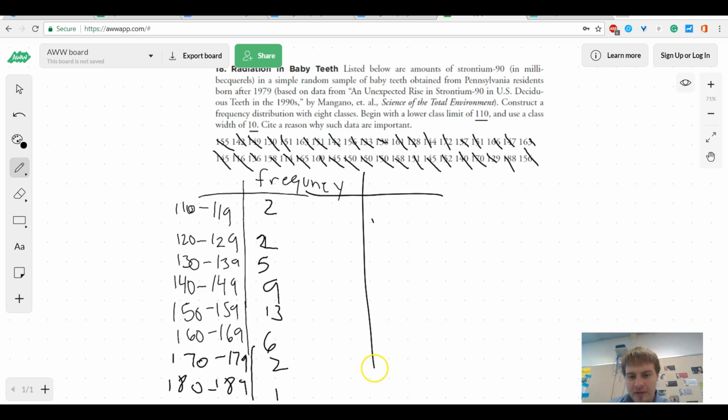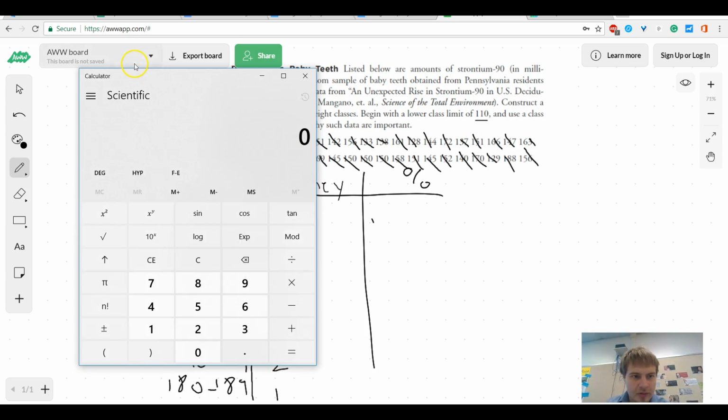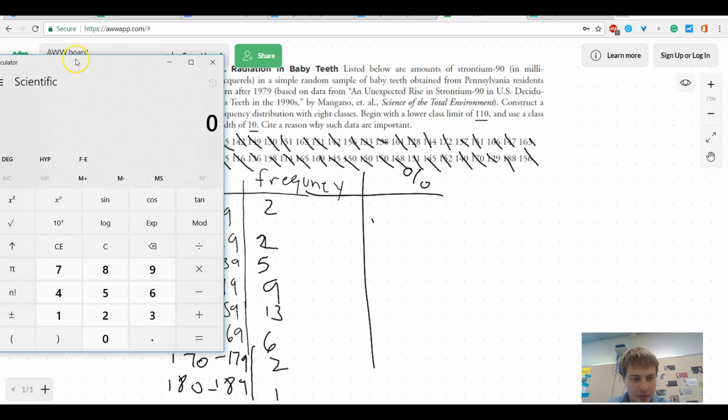Sometimes they want the percent of these frequencies. So if they want the percent, you just take the total numbers here. To find the total, you add all of these frequencies up. So 2 plus 5 plus 9 plus 13 plus 6 plus 2 plus 1. So there's 40 of these things.